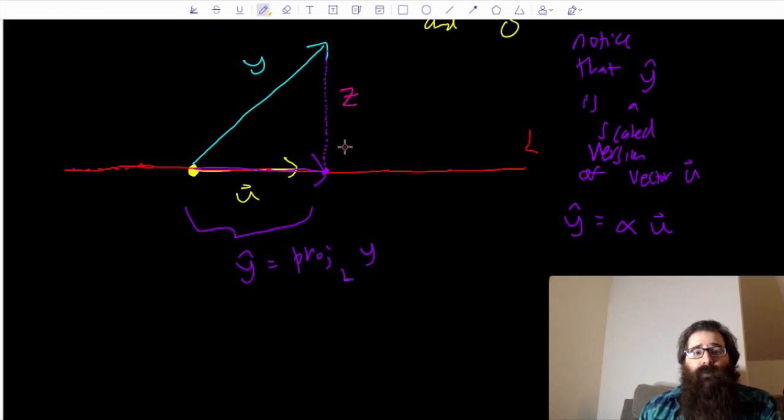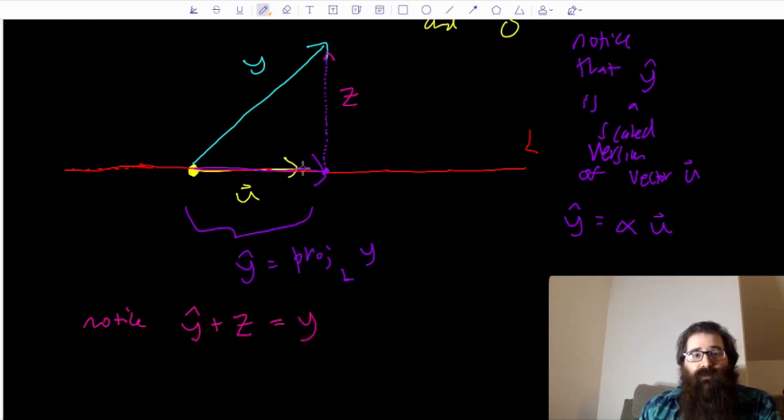But there's something very important that we can say about this. Notice if I take this vector in purple, which is y hat, the projection, and I add it to z, thinking of z as a vector, then y hat plus vector z, adding these vectors together, the resultant is this vector y.